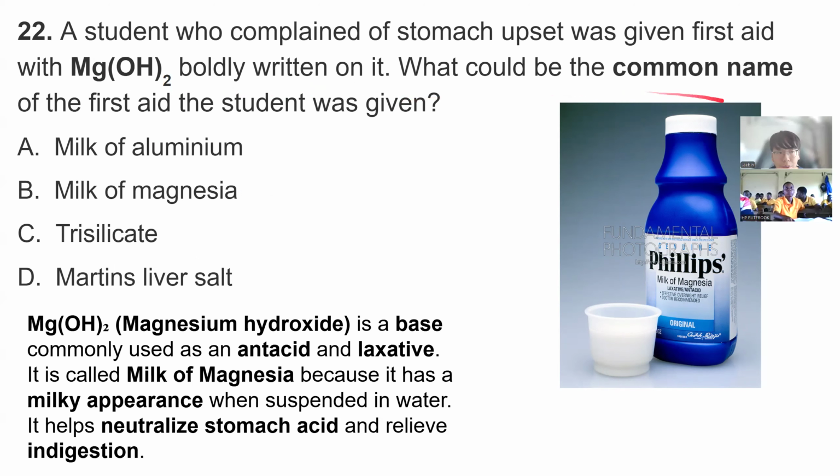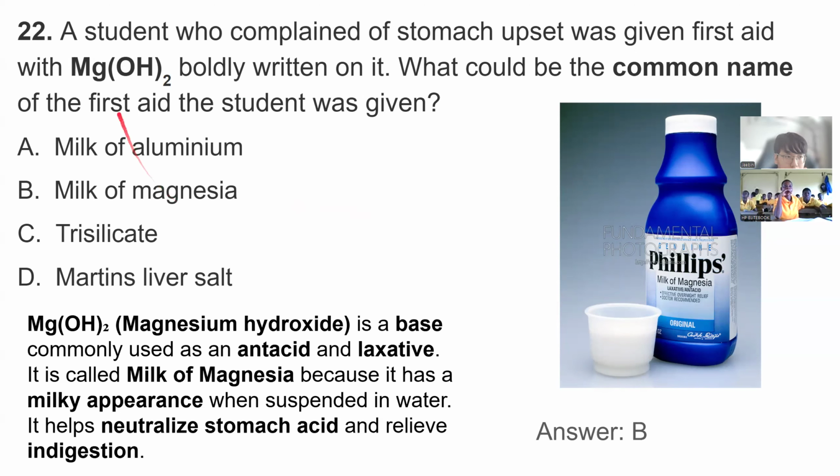What could be the common name of the first aid the student was given? This is B. Yes, that is right.